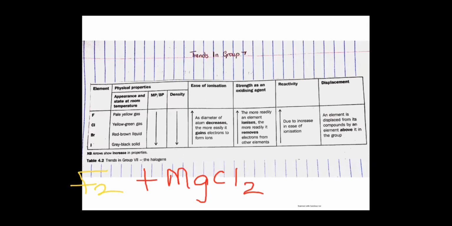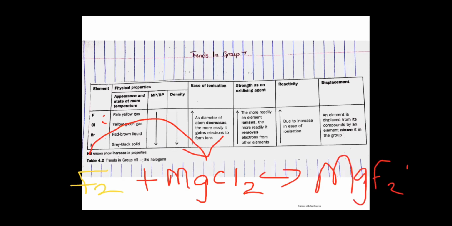Because fluorine falls higher than chlorine in the group, fluorine is going to kick out that chlorine very easily, because the smaller the atom is, the more reactive it gets. So you're going to end up with MgF2 plus Cl2.